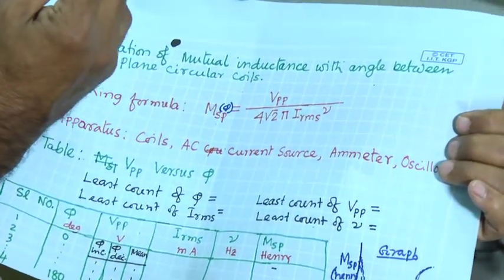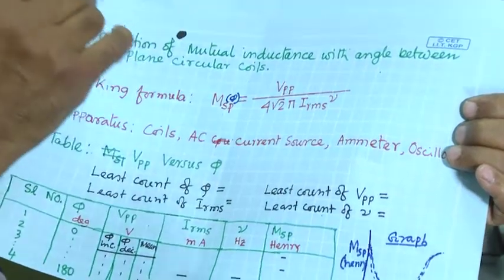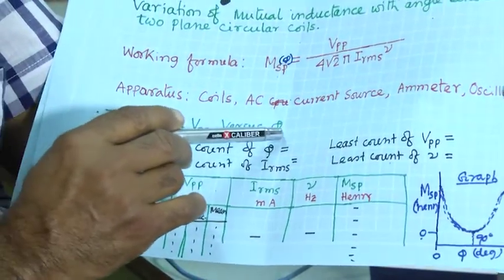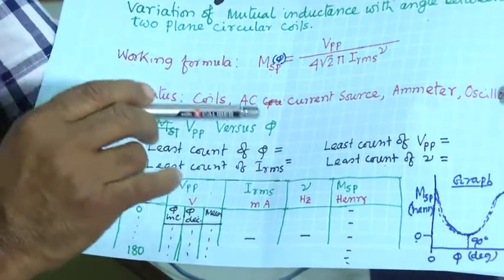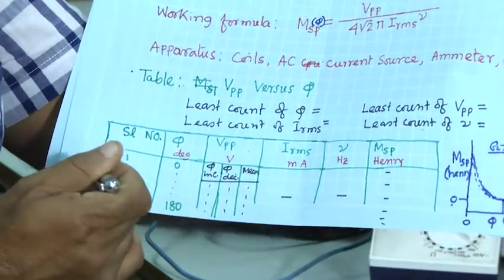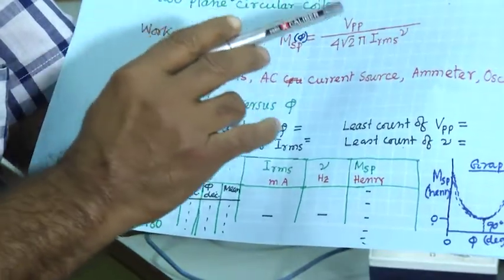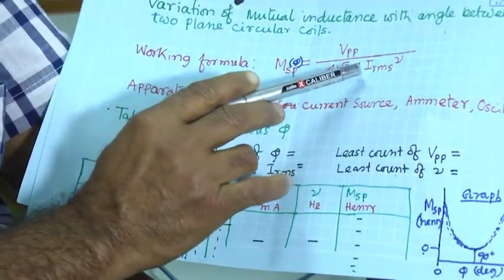So, I have to note down angle versus VPP for a particular value of nu and current I RMS.